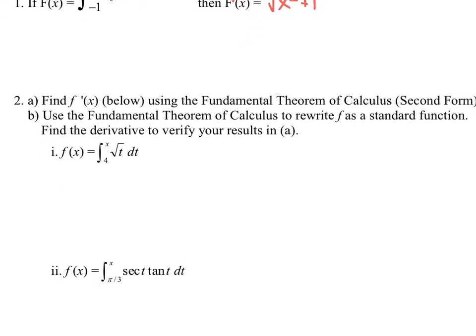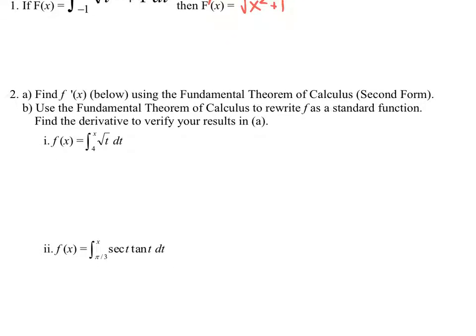Now, this is where we'll see why that number at the bottom doesn't matter, as long as it's on the interval. We're going to do this one both ways. First, let's use what we just learned to find f prime of x. Part A: if f of x is the integral from 4 to x of square root of t dt, what is f prime of x?